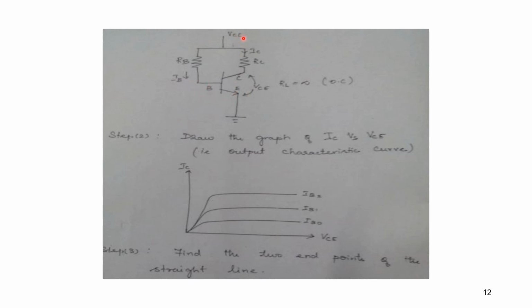KVL to the input loop: VCC is equal to IBRB plus VBE. KVL to the output loop: VCC is equal to ICRC plus VCE.